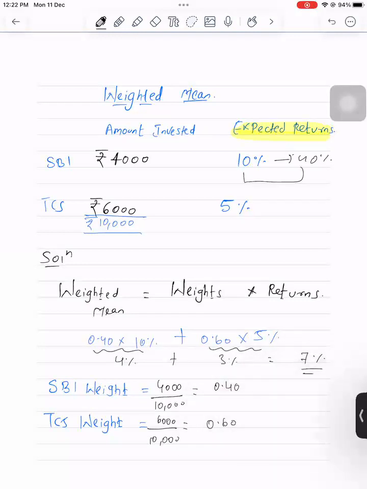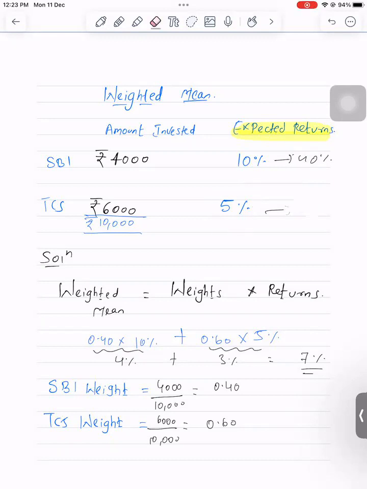In the same way, in TCS, you have invested only 60%. So you will not earn the entire 5%, because you have not invested 100% of your funds in TCS. You have invested only 60% of your funds in TCS. So you are eligible to earn only 60% of 5%, which is 3%.